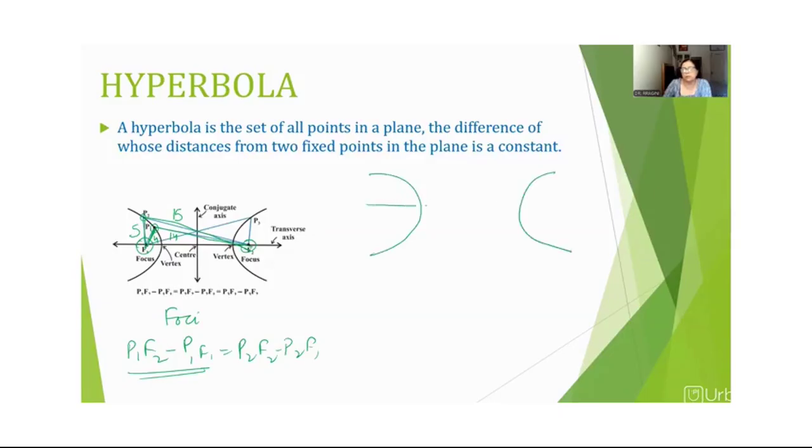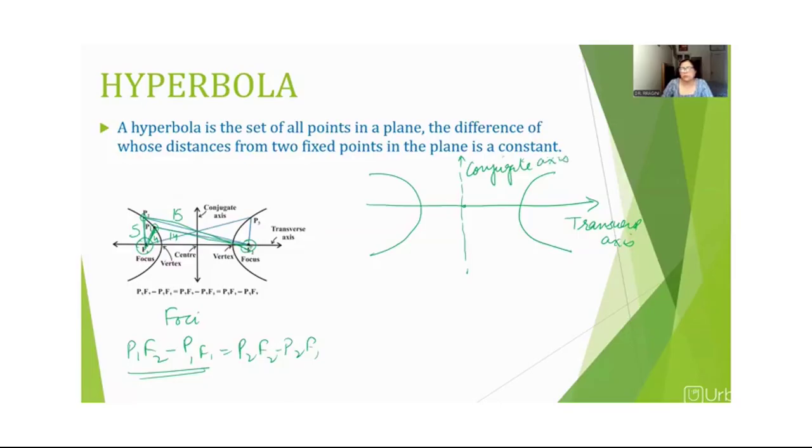It is of this kind. Now see, here we have this axis. This is called transverse axis. And the axis which is generally not seen here in the questions, this is called conjugate axis.